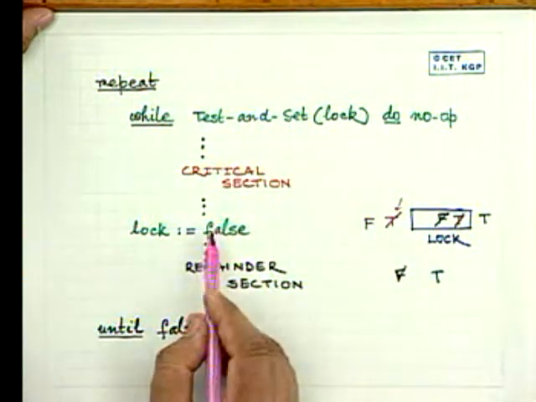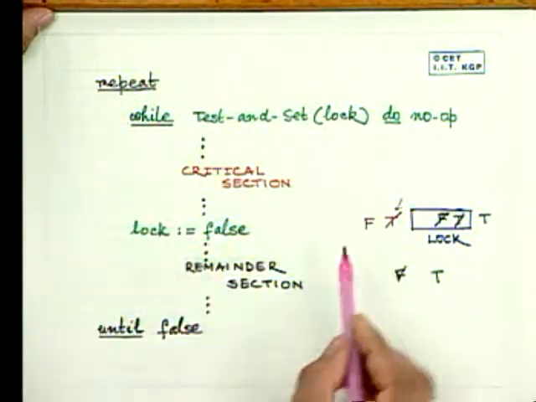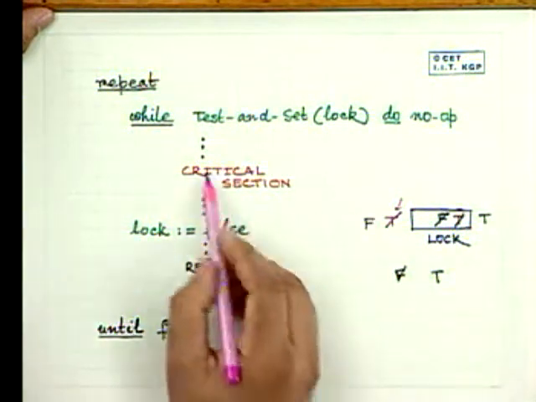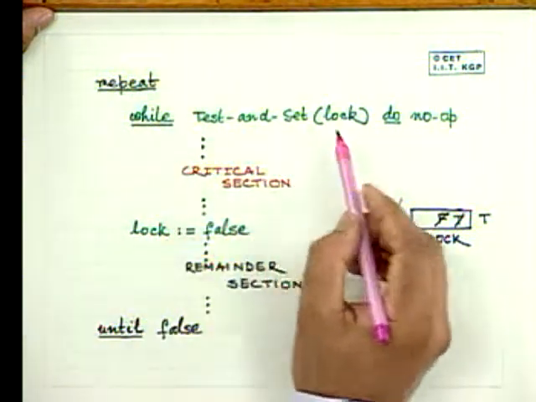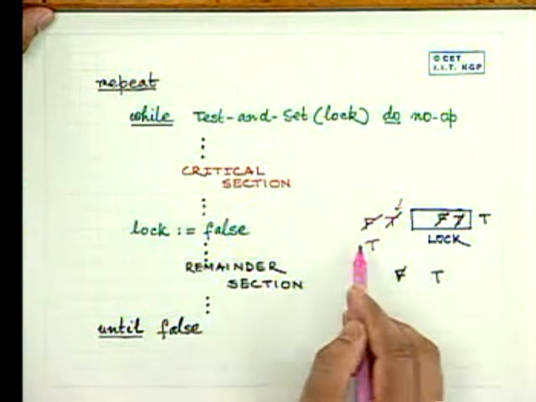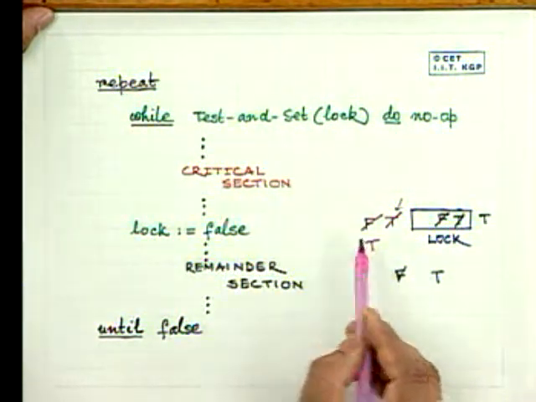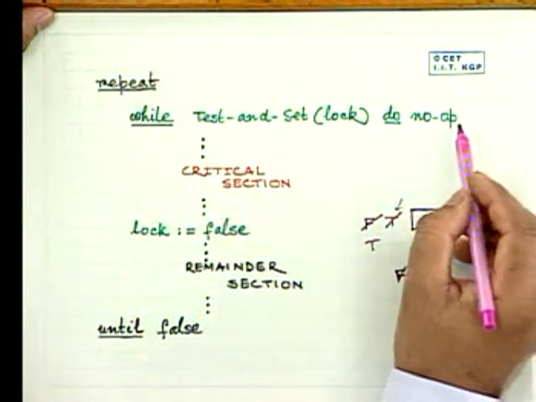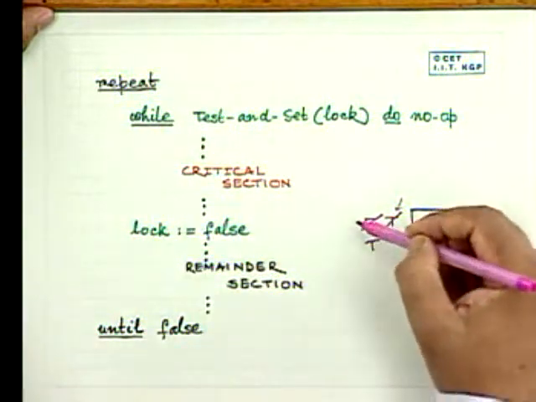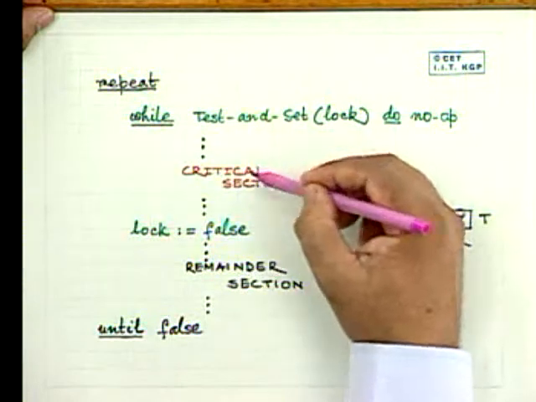In that case, amongst the processes which are waiting here, one of them will find that it is false, will enter immediately, sensing that it is false, and will make it true immediately. Since this is an indivisible, atomic operation, all other processes will not have any chance to modify the value as the process is changing the value from false to true as it enters the critical section.